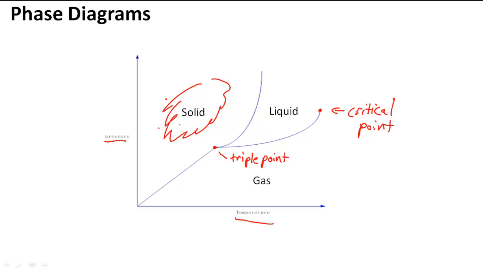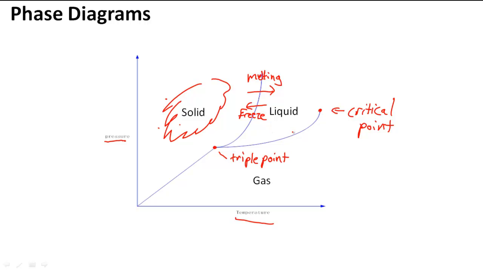So phase diagrams can also tell you about phase transition. So if the temperature changes when we go from solid to liquid, we know that we are melting. And if I go from liquid to solid, so if the temperature, let's say, decreases or something happens to the pressure, I can actually freeze.